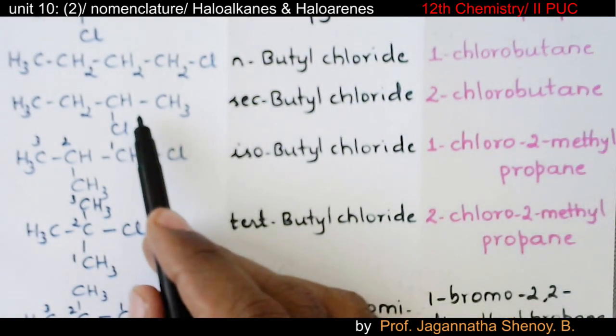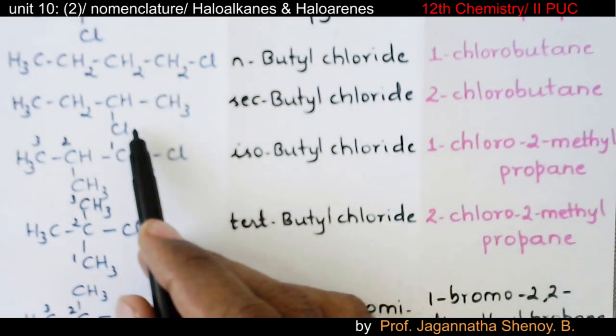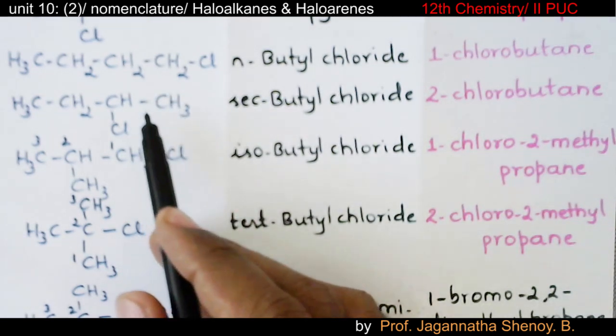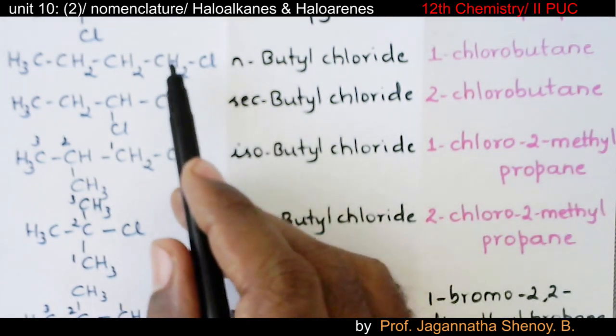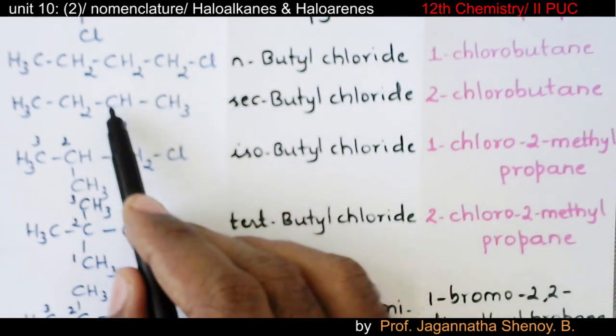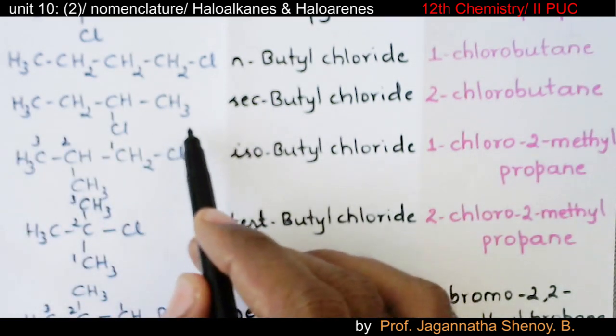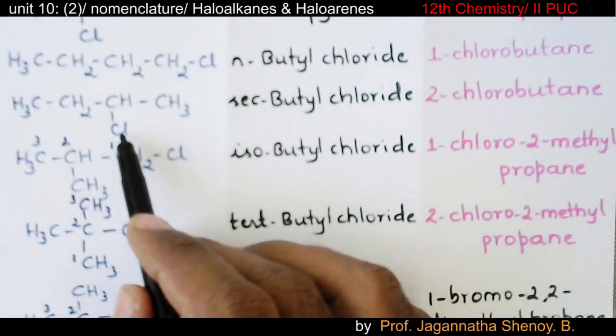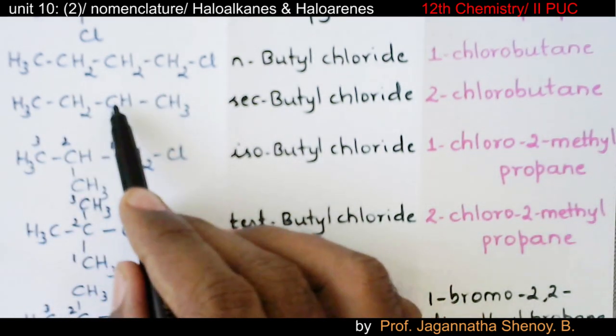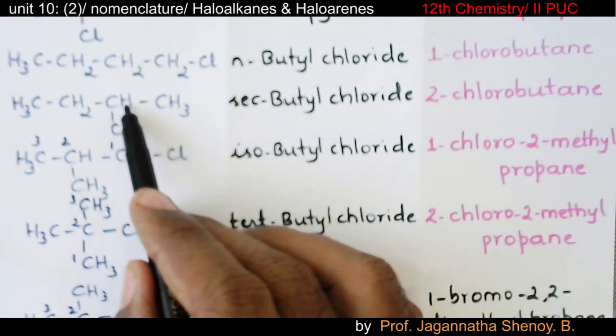Going to the position isomer of the first one, where we have shifted the position of chloro group from the first carbon atom to the second carbon atom. When you observe the structure carefully, you observe that the chloro group is present on a secondary carbon atom.